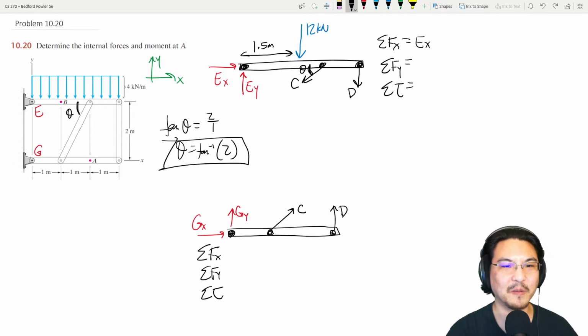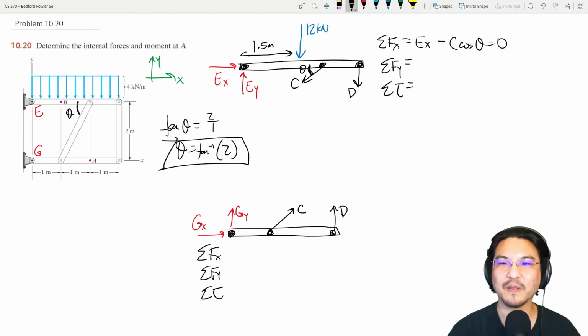So this angle is known. So then in the X direction, EX minus C cosine theta equals 0. Okay, Y direction, EY minus C sine theta minus D minus 12 kilonewtons.